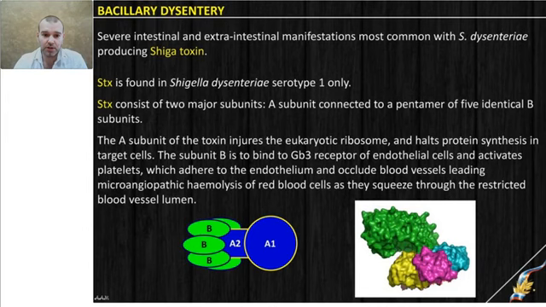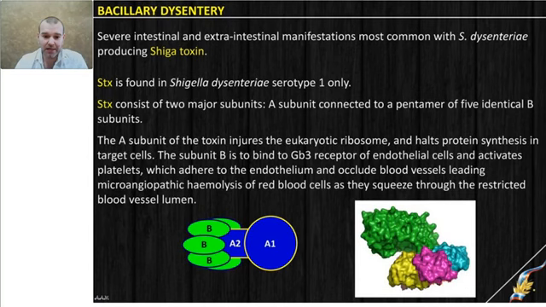Release of Shiga toxin will lead to absorption of the toxin into the blood circulation, and Shigella will still remain in the epithelium of the intestine, but the toxin will be absorbed and affect blood capillaries overall. The toxin of Shigella, as any other biological toxin, consists of two main subunits, A and B. The A subunit is active, consists of two subunits, and is fixed to a pentamer of 5 B subunits.